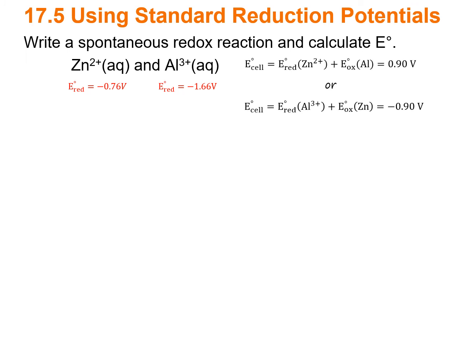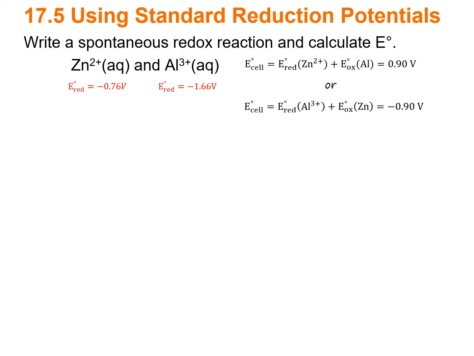So if we look at that, which reaction is going to be favorable? Well, if I do the aluminum being oxidized and the zinc being reduced, I'd find a cell potential of 0.9 volts. Now, if I flip the other one and say that the reduction for aluminum is what's occurring and the oxidation is for zinc, we get negative 0.9 volts.